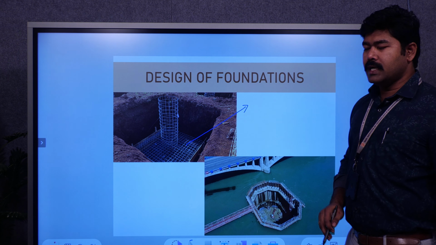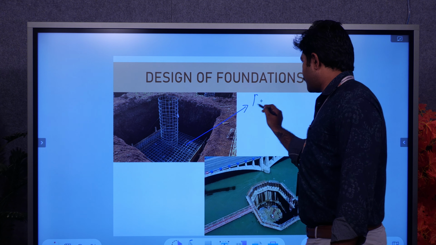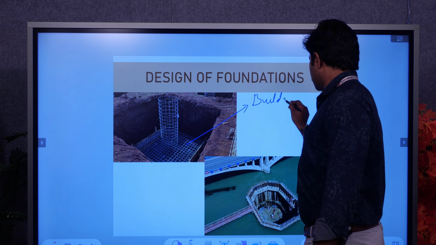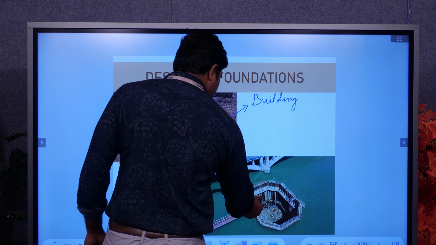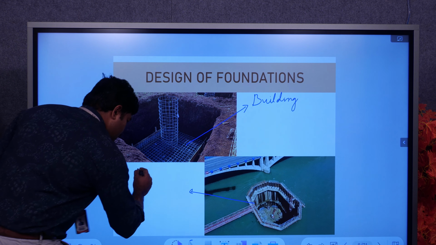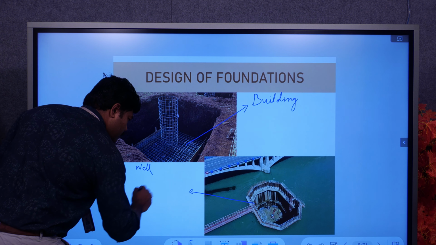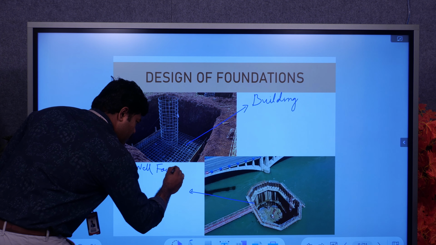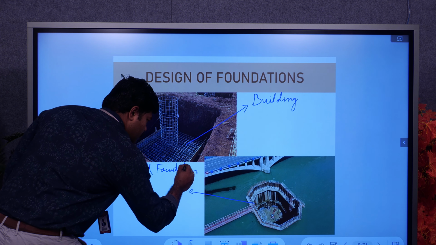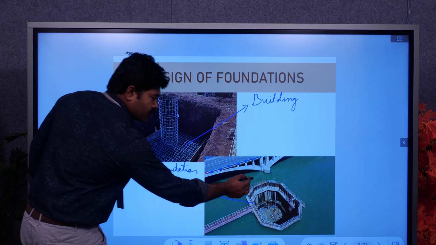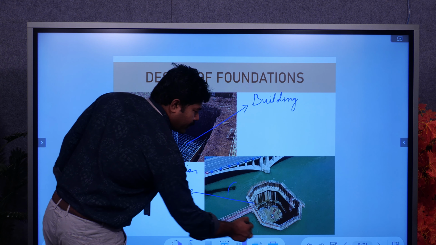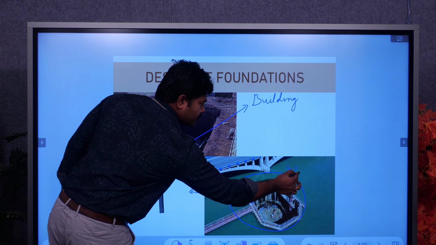This is a foundation designed for a building. And this is a well foundation, one of the various types of foundations. If you see here, it is surrounded by water.